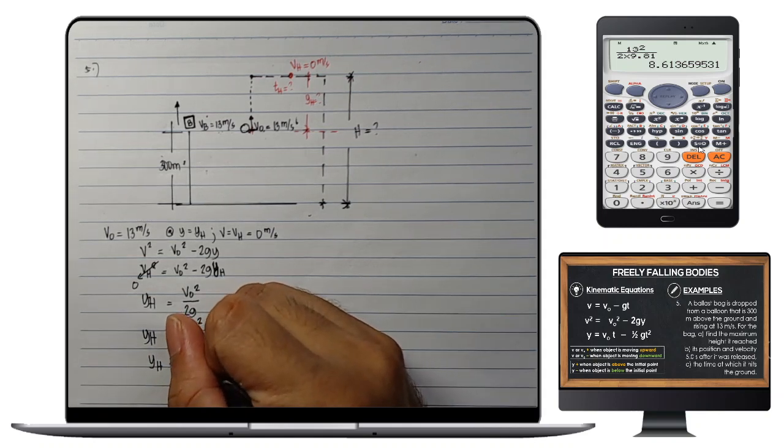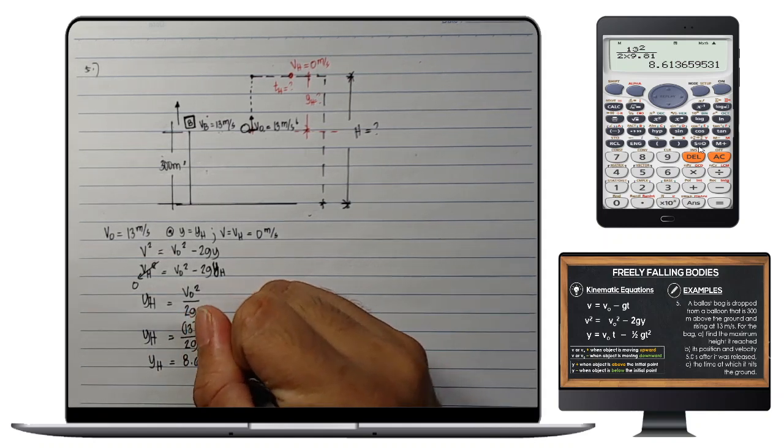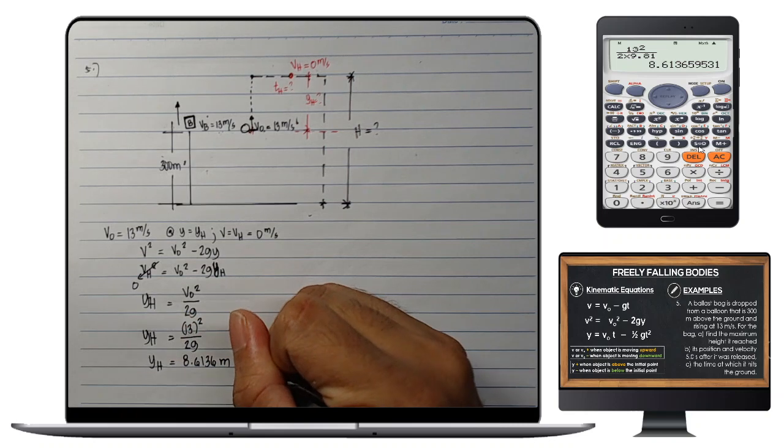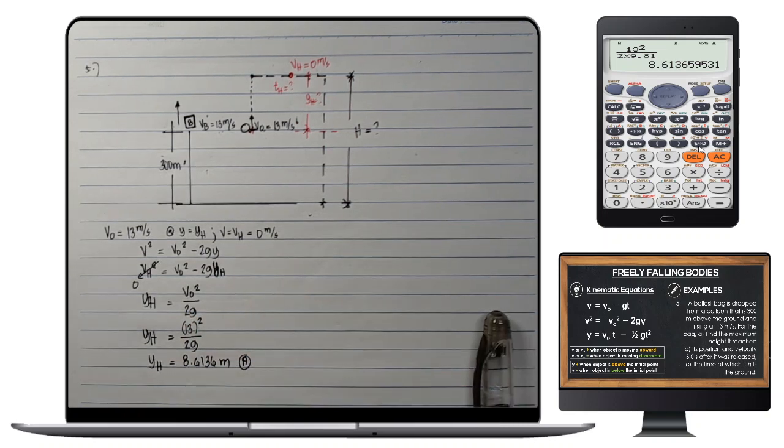So we have it as 8.6136 meters. So i-store lang natin siya sa A.